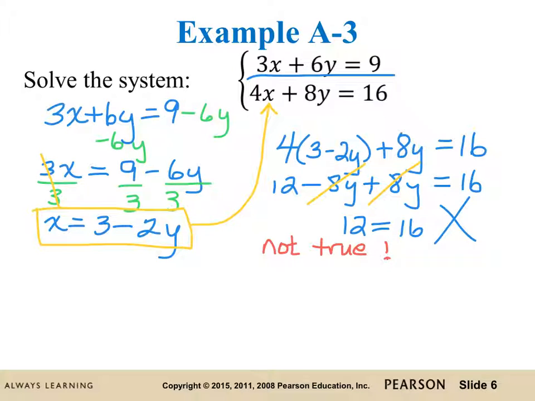And when you get a statement where all the variables have disappeared, but the constants that you're left with are not equal to each other, then your decision about this is that there is no solution to the system.